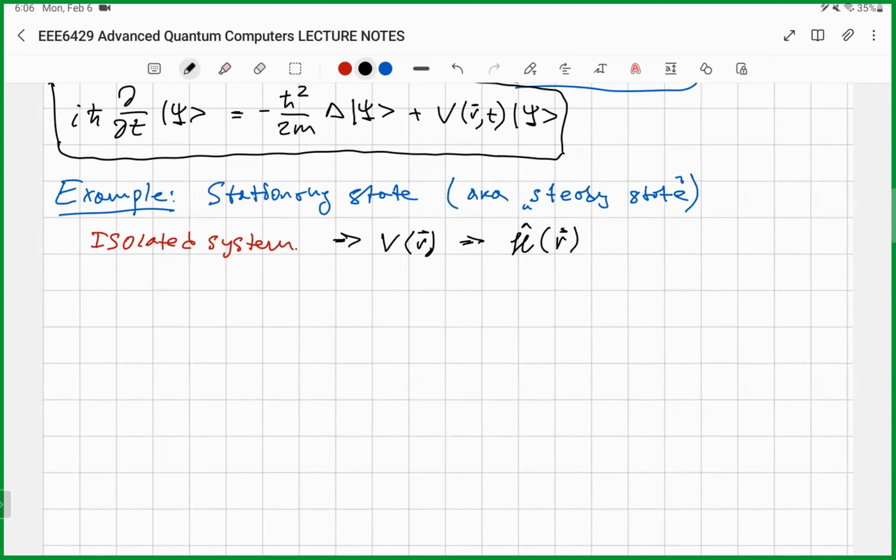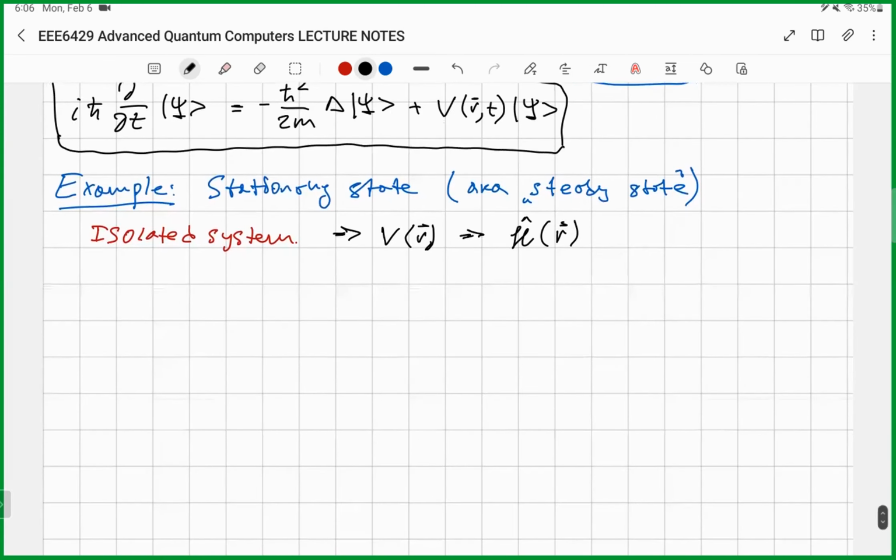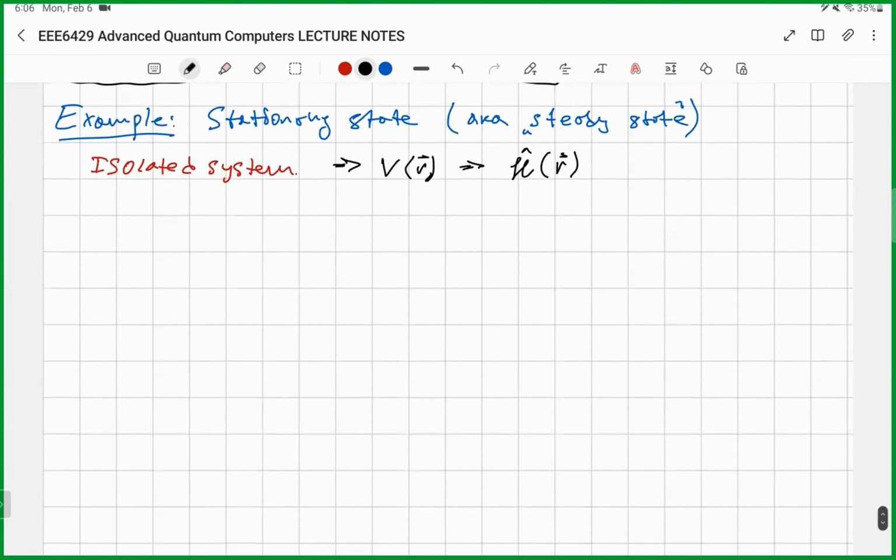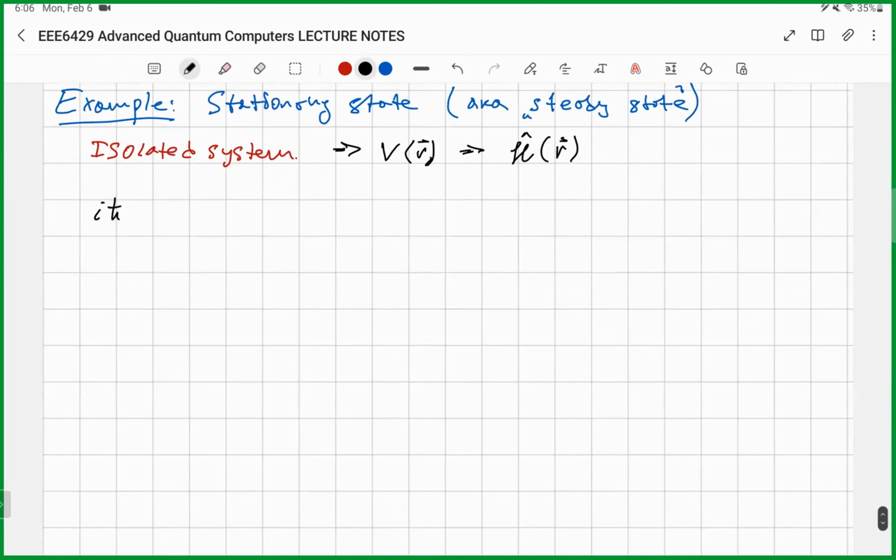So this is, for example, the classical problem of the hydrogen atom. The Hamiltonian doesn't depend on time, and for such a system like an atom, we can simplify this Schrodinger equation as follows. So let's write down this Schrodinger equation for this steady state. For a moment, I use the usual function representation instead of Dirac notation.